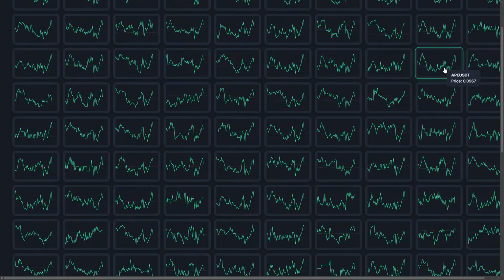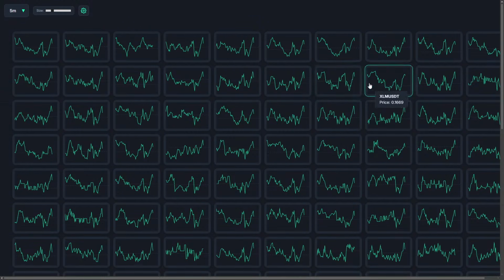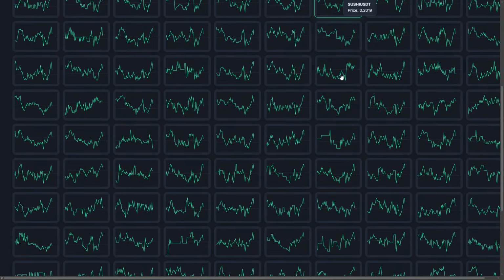On RSI we don't have any structure for the immediate term just because we're pumping. This RSI works when we are in a sideways market. We are right now pumping, so this is not the best setup.